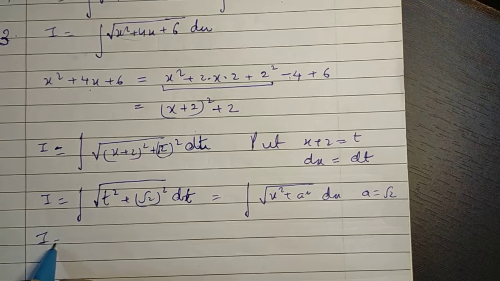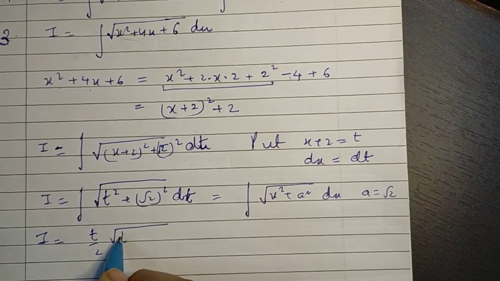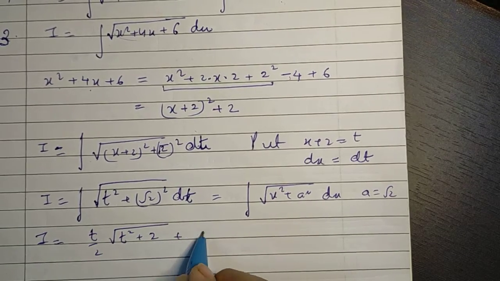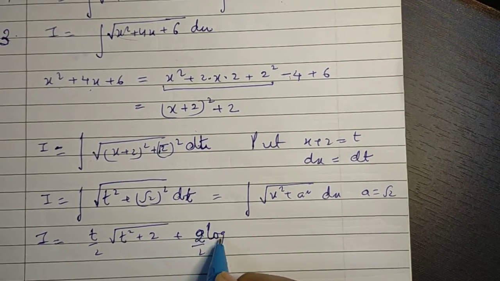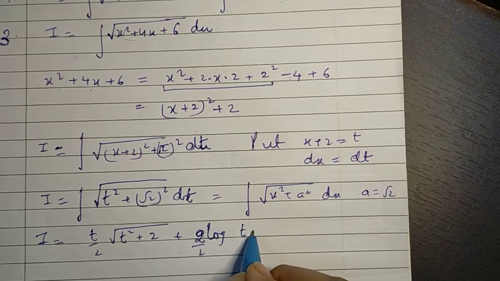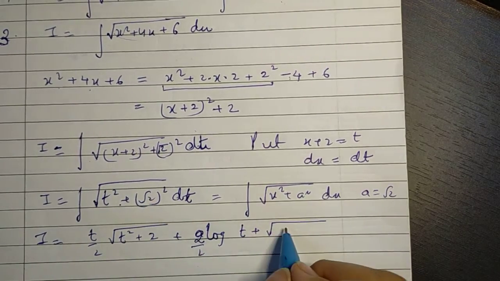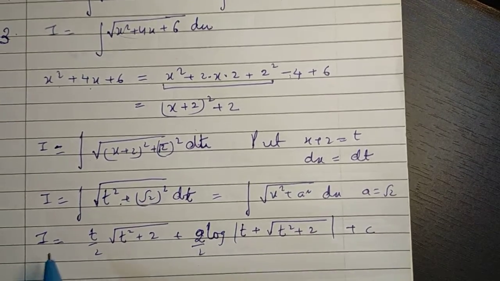So directly write the answer. We get t upon 2 under root of t squared plus root 2 square, which is 2, plus a squared, that is root 2 square, that is 2 upon 2 log of x, that is t, plus under root of x squared plus a squared, which is t squared plus 2 plus a constant.